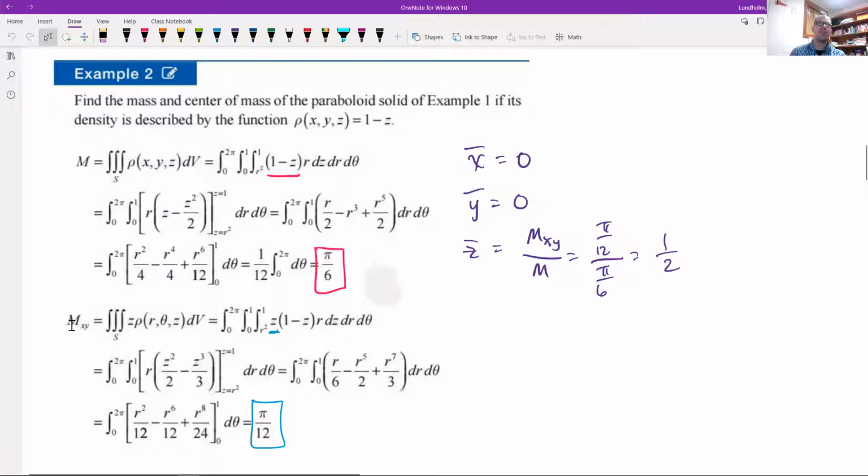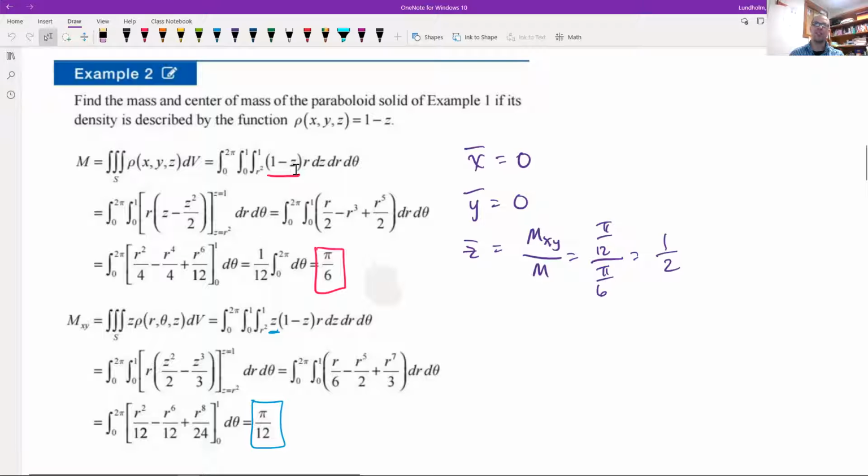We don't have to solve for the moments in the other directions because this object is already symmetric around those other ones. So the other moments are always going to be 0 in the x direction and the y direction. But to get the center of mass in the z direction, we take the moment in the z direction and divide it by the mass.